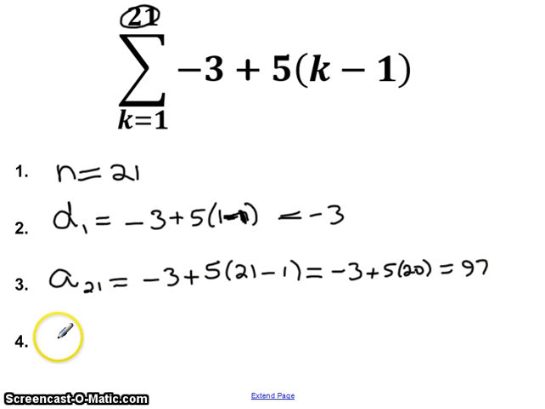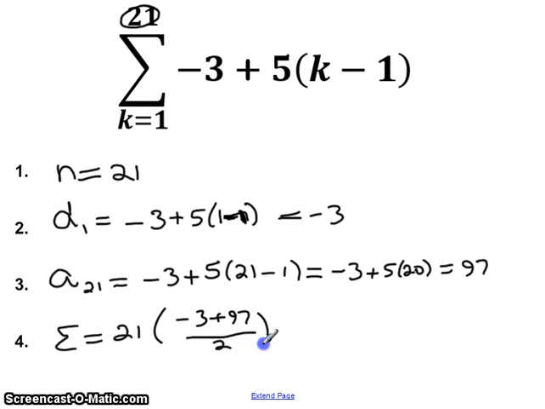And then the last thing we do is we say that the sum is going to be equal to n times negative 3 plus 97, divided by 2. That's 21 times 97 minus 3, which is 94. If I divide that in half, I get 47. And then if I take 21 times 47, I get 987.